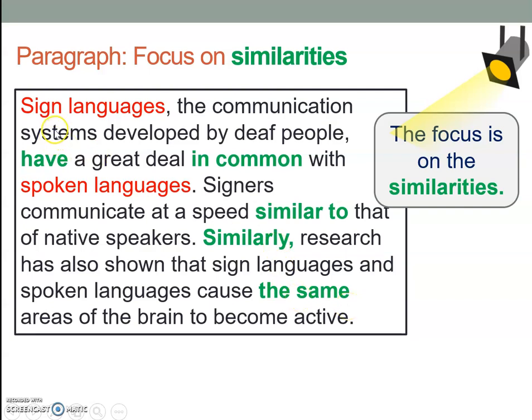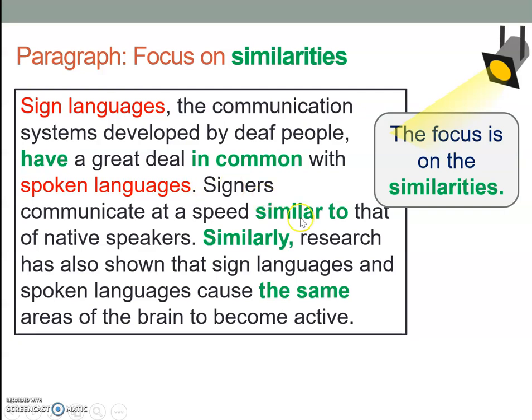So if we look at the organization of information in the text, in the whole paragraph, they're going to be showing us what's similar in sign languages. The communication systems developed by deaf people have a great deal in common with spoken languages. So we're looking at sign languages and we're looking at spoken languages. In which ways are they similar?